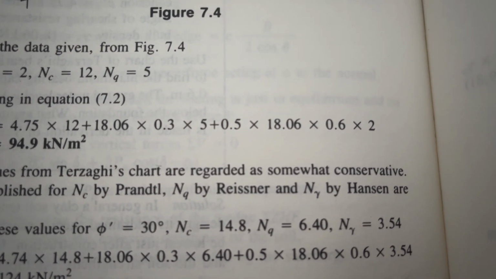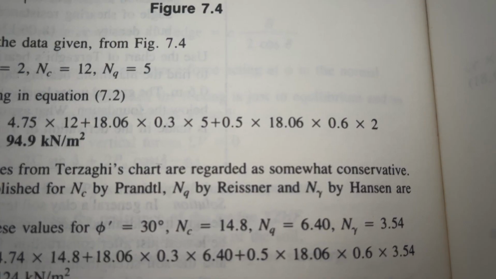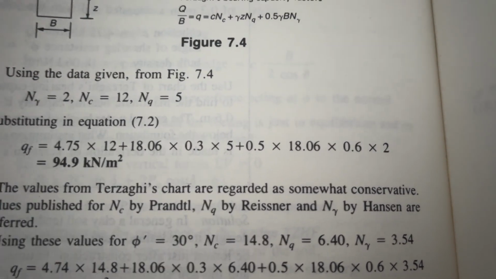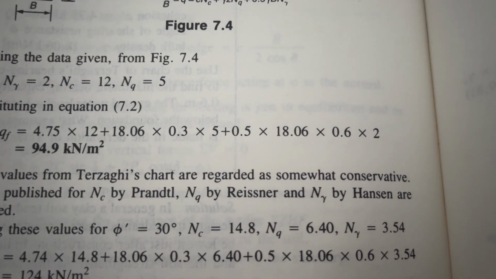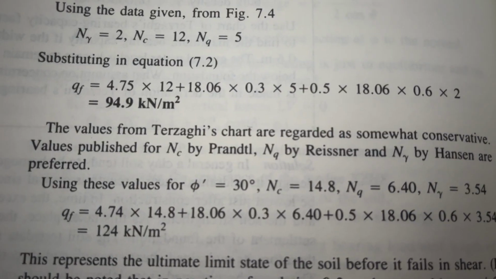Plus the width factor, 0.5 times 18.06 times 0.6 times 2, which equals 94.9 kilonewtons per meter squared.